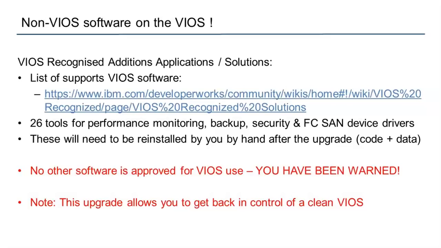But there is this website in here, and this lists the 26 approved tools, which is usually used for performance monitoring, backup, security, and some device drivers. You will need to reinstall these.